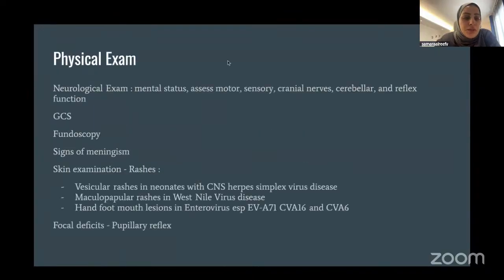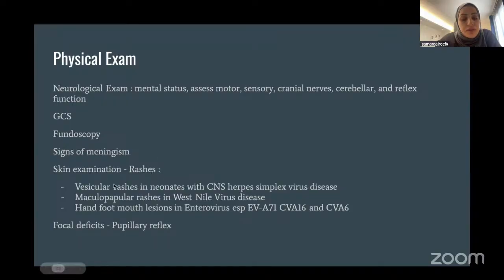Your physical examination includes, most important, is your neurological exam. So check his mental status, assess motor, sensory, reflexes, cranial nerves, Glasgow Coma scale, fundoscopy examination, and check for signs of meningism, any neck rigidity. Skin manifestations include rashes.